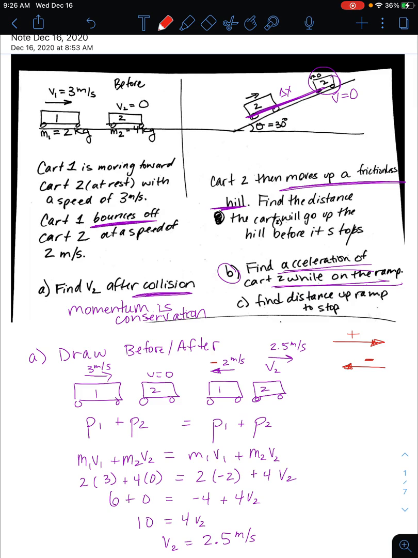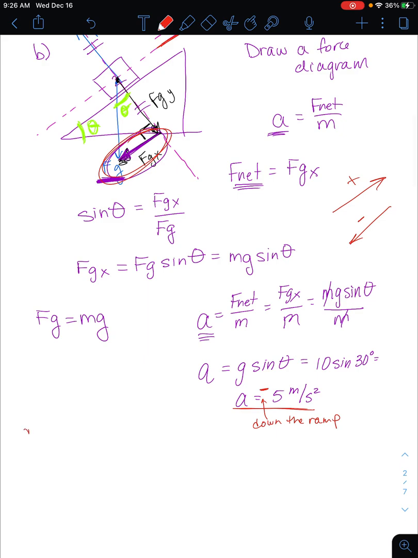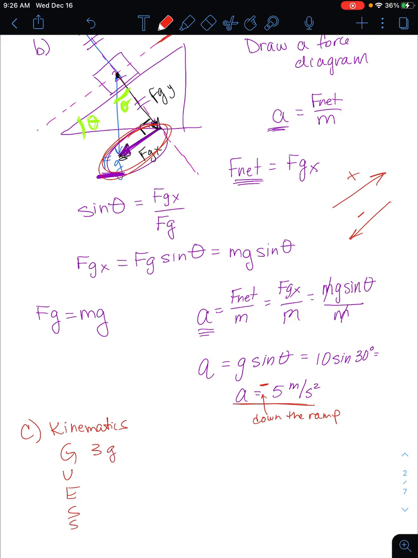Now it asks me to find the distance that it takes to stop. So for part C, when I'm solving for a stopping distance, this is going to be my kinematics equations. This is going to be my GUESS method. And so I'm going to be looking for my 3 given variables, my 1 unknown variable.